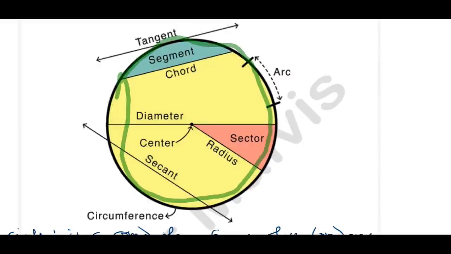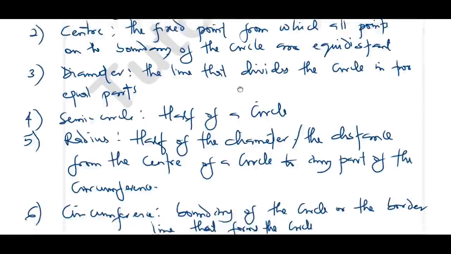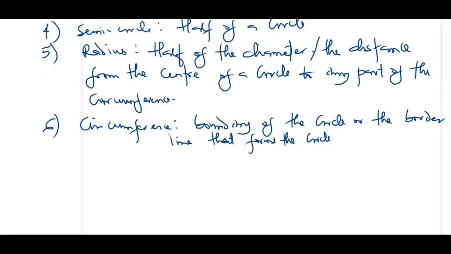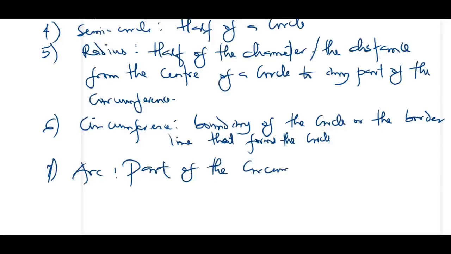And when you cut the circumference like this, what you have is an arc. So part of the circumference is an arc. So let's talk about the arc. So the arc is simply part of the circumference.